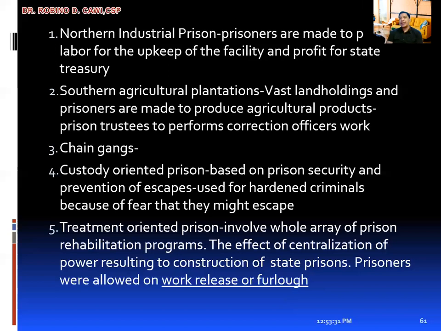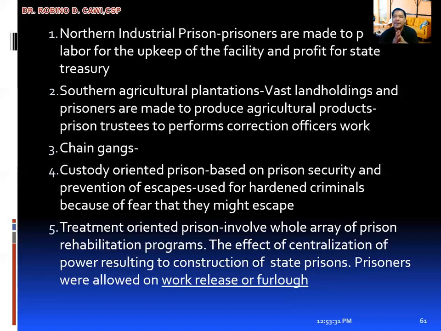Now, there is always a group of prisoners who remain incorrigible. In the case of incorrigibles, hardcore criminals for that matter, the deployment scheme devised for this particular group of prisoners is the custody-oriented prison.